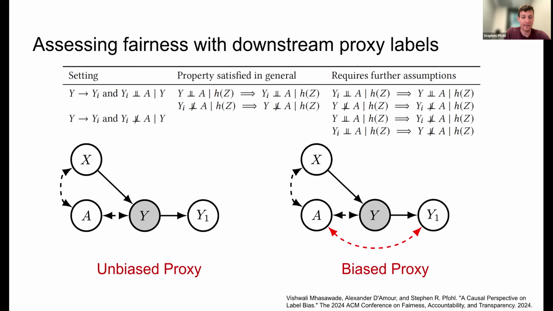Similarly, you can show that fitting the biased proxy, or rather fitting the data well, where by fitting the data well I mean fitting the biased outcome, results in sufficiency violation and fairness violation for the unobserved true outcome you're interested in.